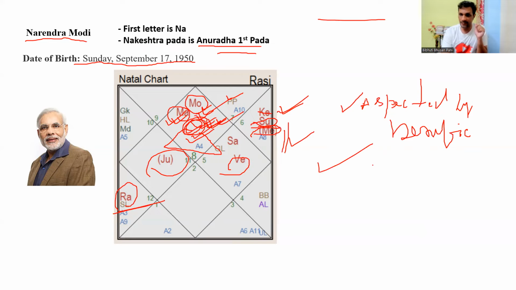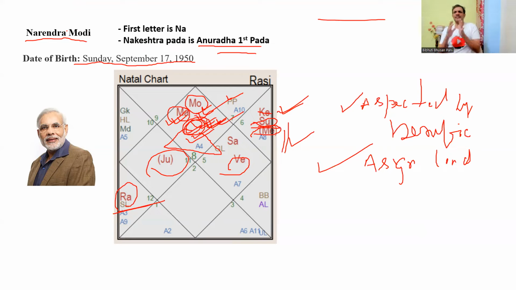The same applies if the Nama Rashi's Lord is aspected by the sign Lord. As in Narendra Modi's case, the Nama Rashi is Scorpio, and Mars is there in Scorpio. Moon attached to any Nama Rashi will give rise in the Nama Rashi.